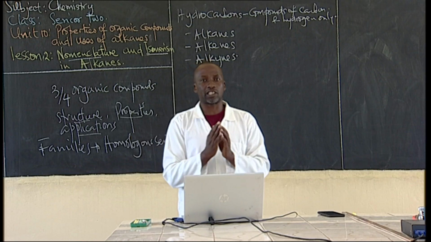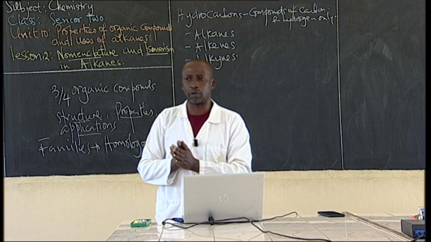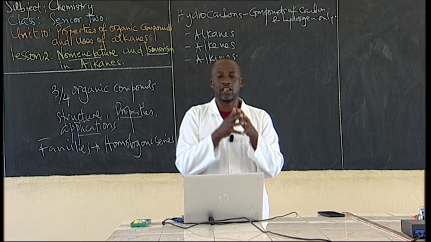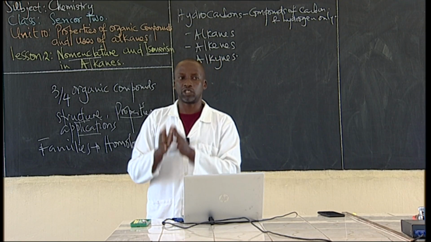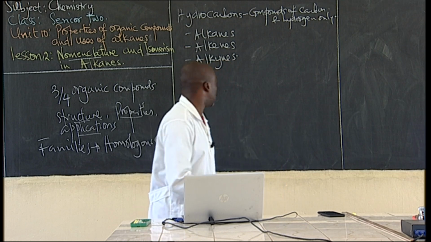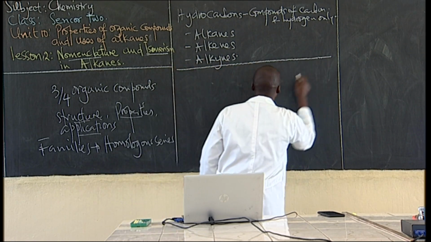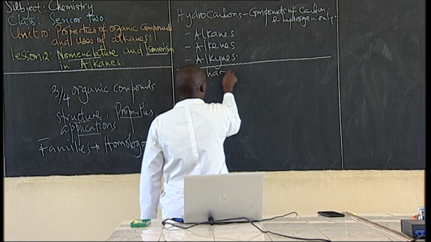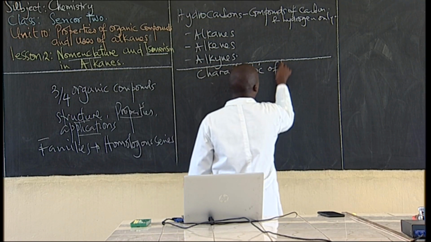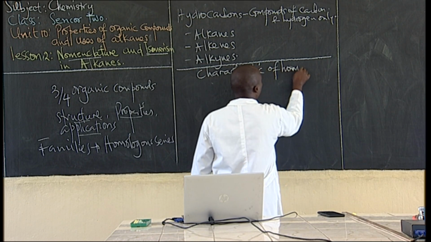So they are represented by the same general formula. Compounds in the same homologous series are represented by the same general formula. They have similar chemical properties. So these are the characteristics of homologous series.